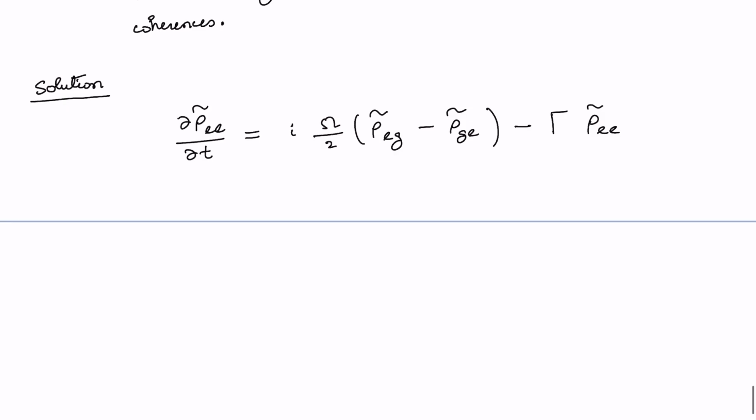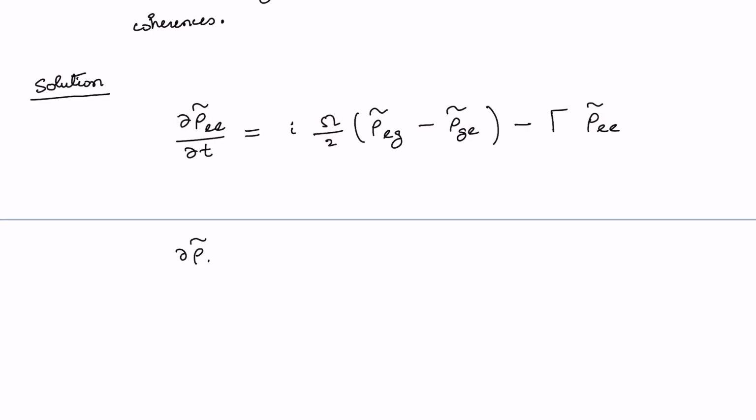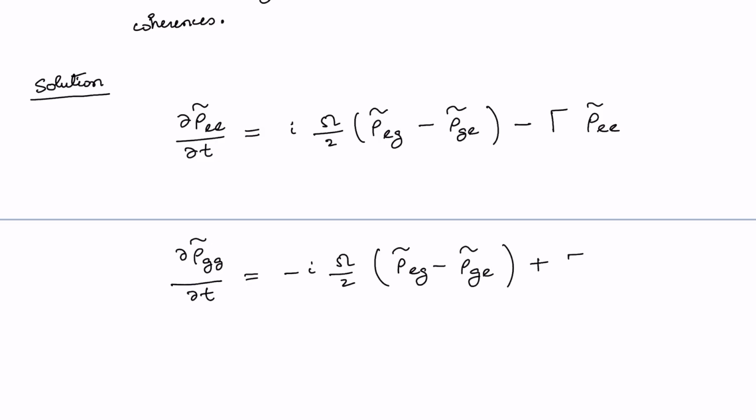And then for the ground state, I have the derivative of rho tilde ZZ with respect to t is equal to minus i Omega by 2 times rho tilde EZ minus rho tilde ZE plus gamma rho tilde EE. Gamma is the decay rate, as we have discussed.